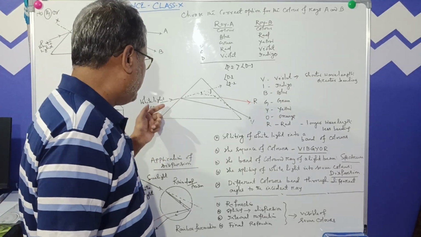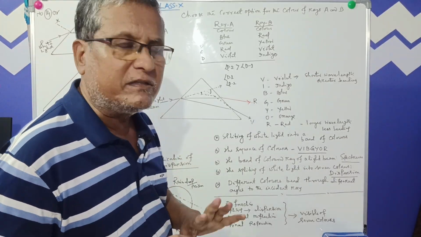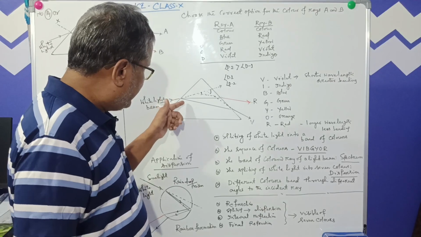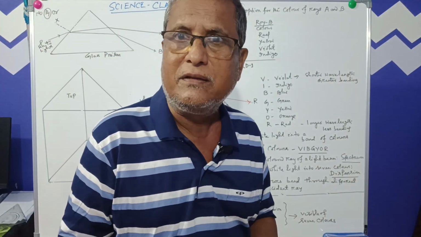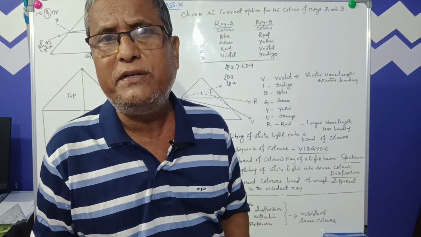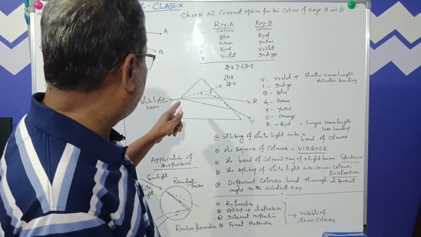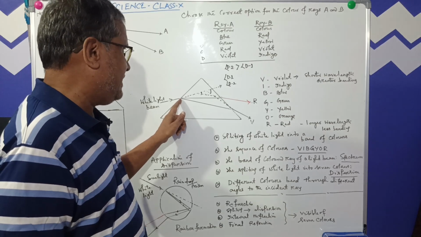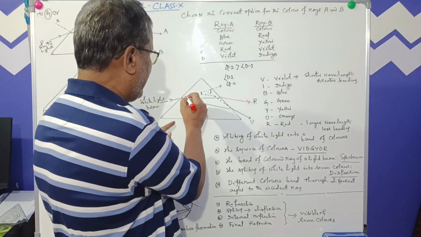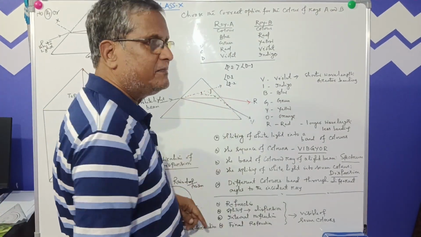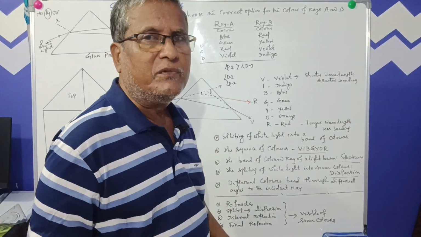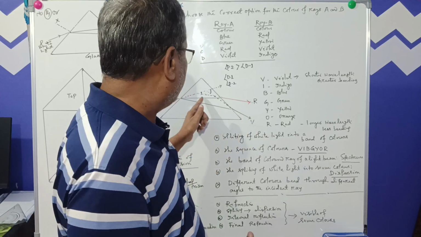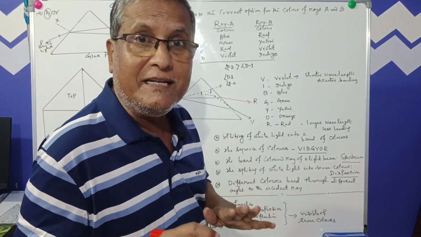So it moves in a straight line. But when it enters another medium, it changes its path. And that phenomenon we call refraction. So this is the point of refraction. And this dotted line indicates the actual path, but it deviates. It doesn't proceed on the actual path, but it changes its path.